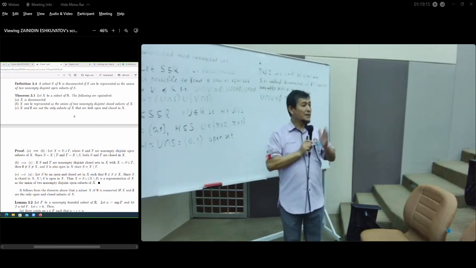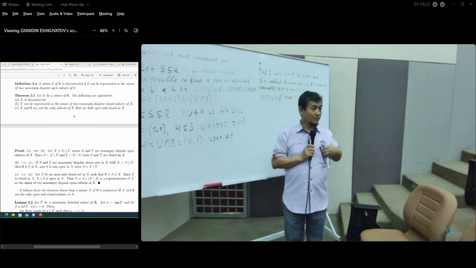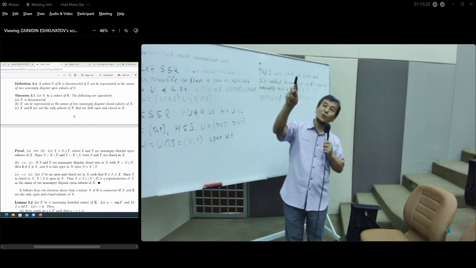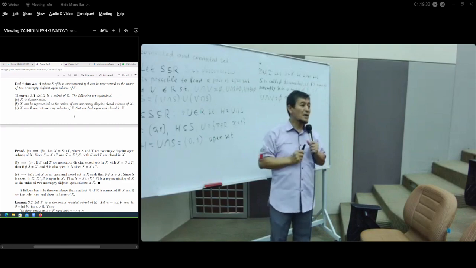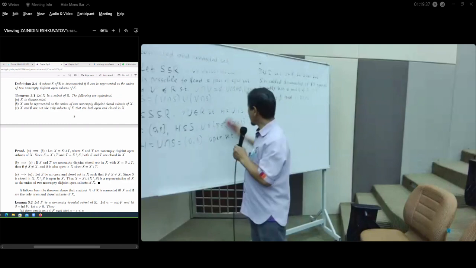Now you see these three equivalent statements. If X is disconnected, it is equivalent to the second one: X can be represented as a union of two non-empty disjoint closed subsets of X. Now, what do they say in the proof?